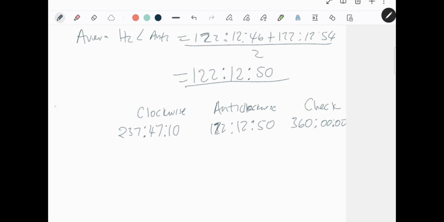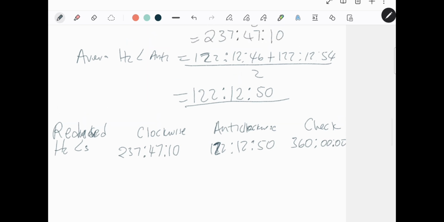So now we can conclude we have our reduced horizontal angles. Now you are sorted. So this 237 here, this is the angle that we're gonna add where?